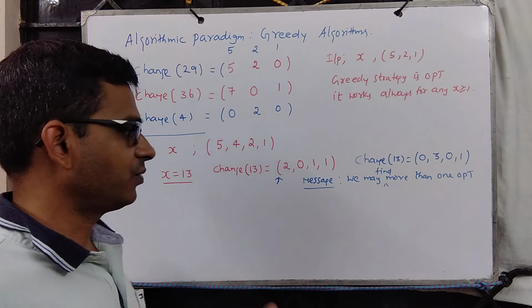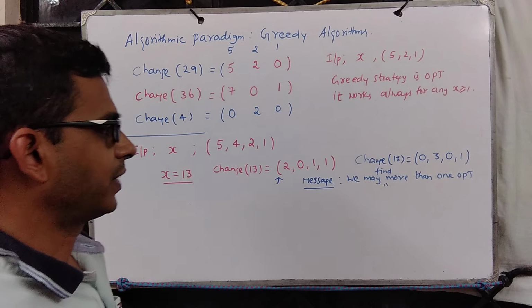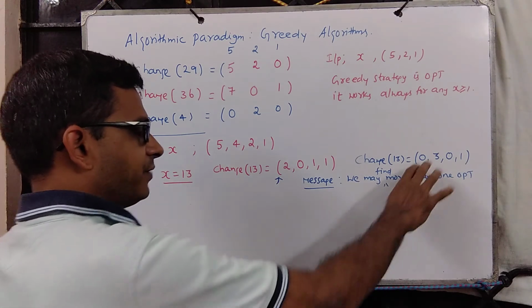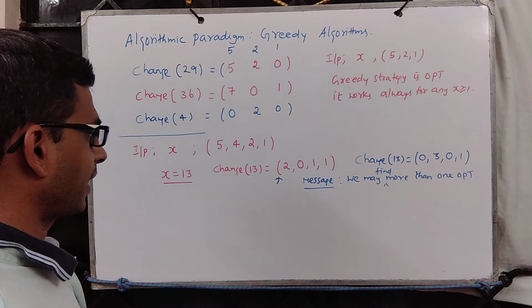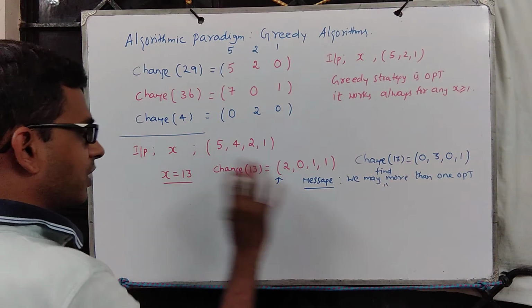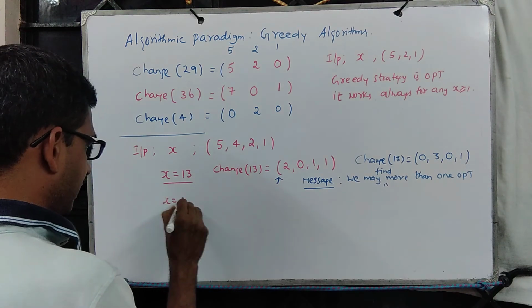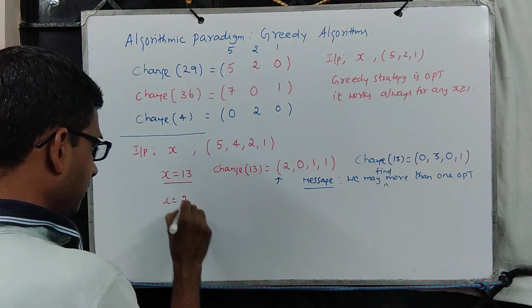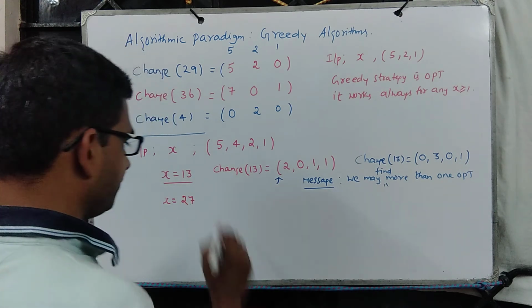You may find more than one, but our greedy strategy gives you one, and this other one follows a different strategy and gives you the optimum too. Now, will this work always? Let's try some more and convince ourselves that it works for all the inputs.